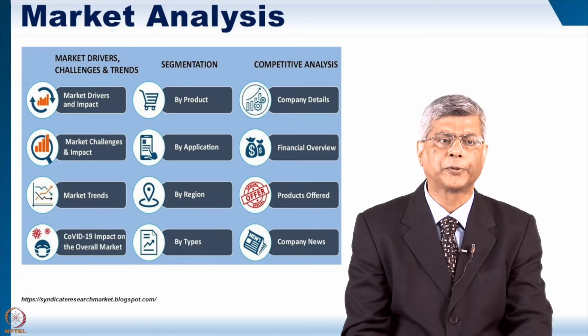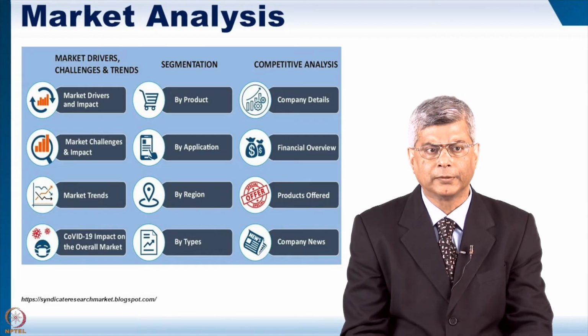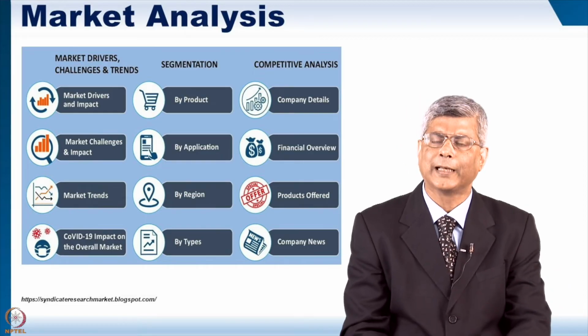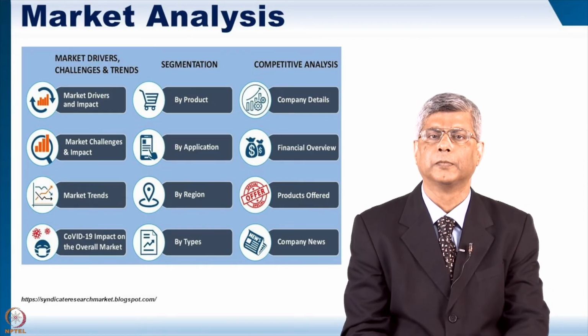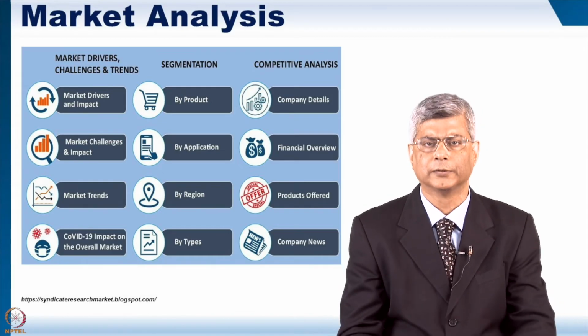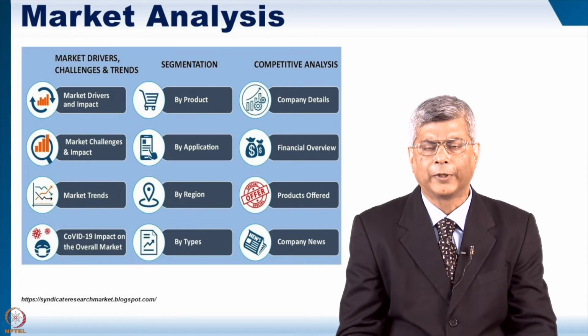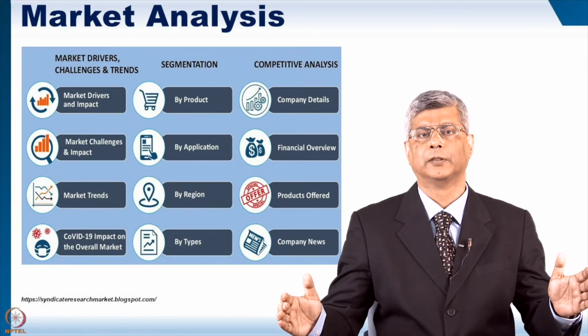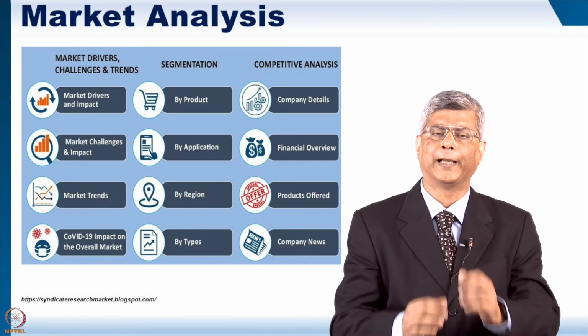And you can see on the screen market drivers and trends, and within that there are many parts of it. Segmentation. Segmentation is different kinds of market. For example, in a car market, you've got big SUVs, sedans, hatchbacks.